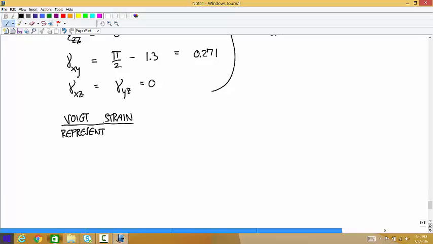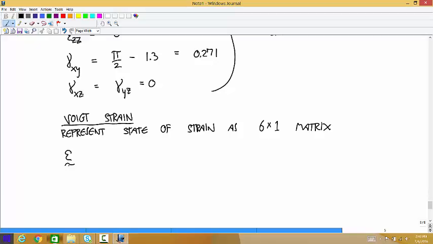So we're going to represent a state of strain as a 6x1 matrix. I'm going to write that as epsilon under squiggle.